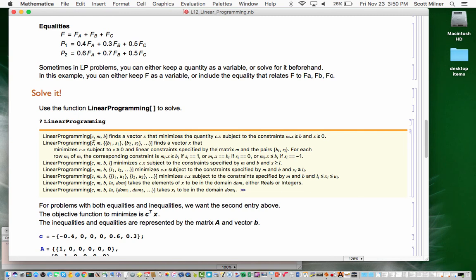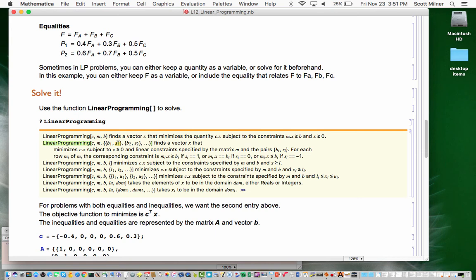Basically, we need to tell it the vector c, which was used to define the function we want to minimize, the matrix M, which is the left-hand side of the constraint matrix, and then the set of right-hand side values of the constraints together with a little flag, a value which is either 1 or 0 or -1, depending on whether this is an inequality which is a less than, an equality, or an inequality which is a greater than.